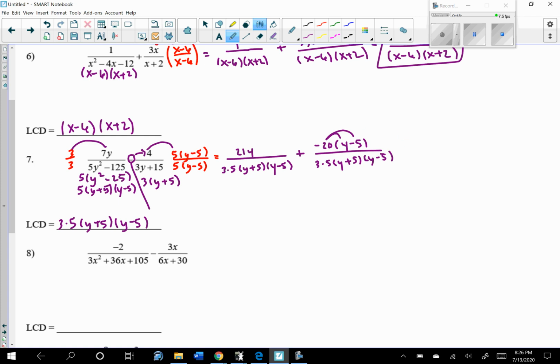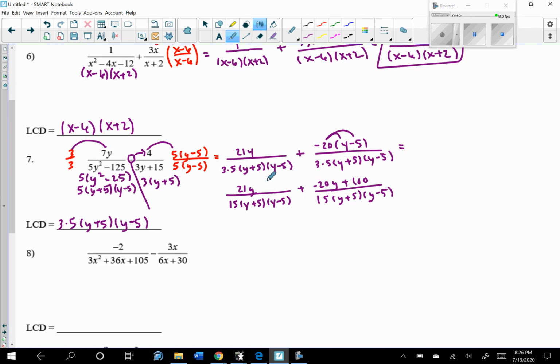So I have 21y over, and we can multiply the 3 and the 5, so 15 times y plus 5 times y minus 5 plus, here we get negative 20y, and then minus minus becomes plus, and that would give us 100 over 15 times y plus 5 times y minus 5.